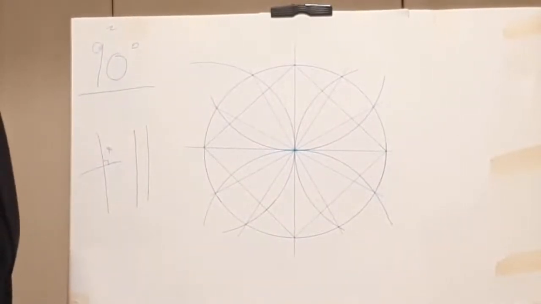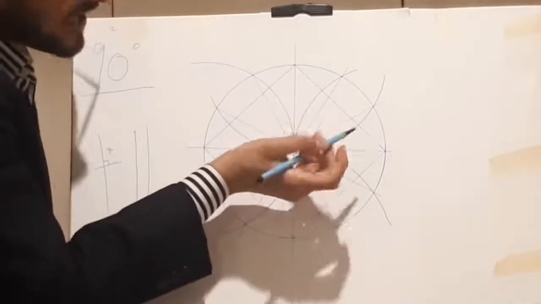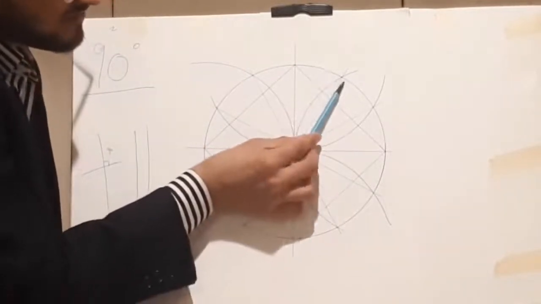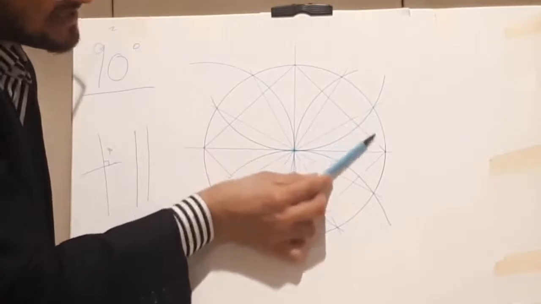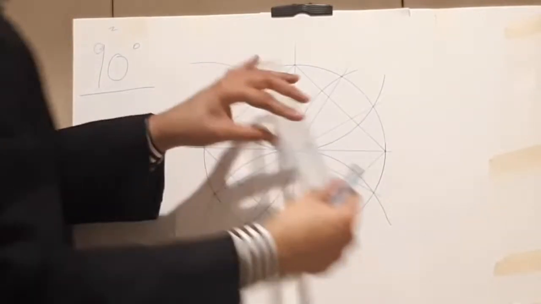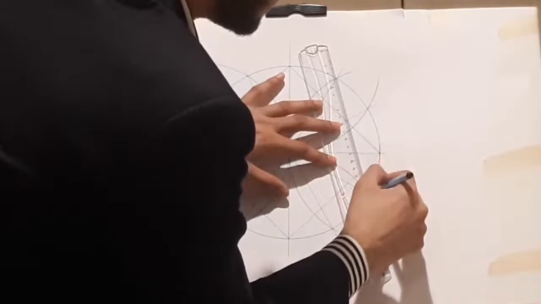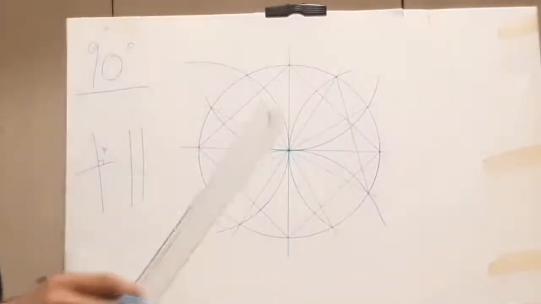So what you do is, you have to calculate the region. This is the first region, second and third. So you will be starting your line from this region and stop at this point. Okay?